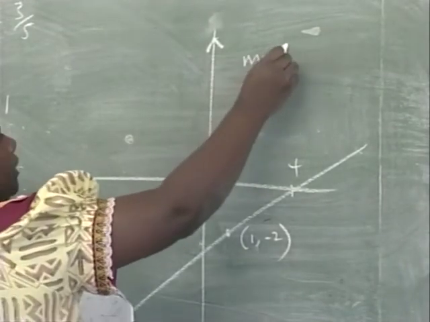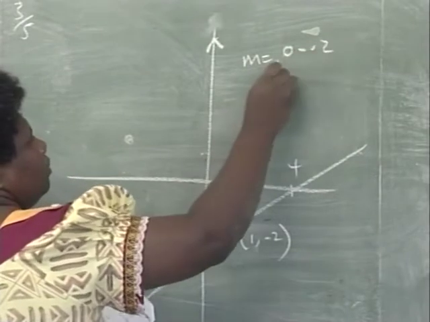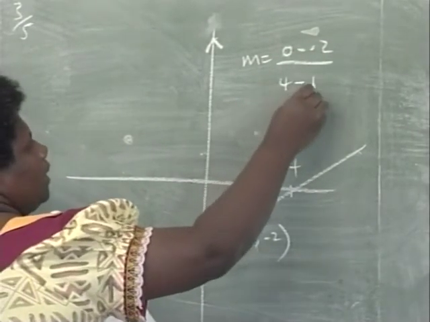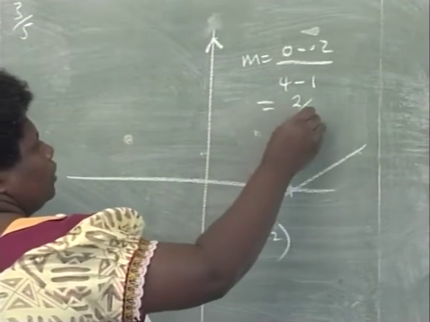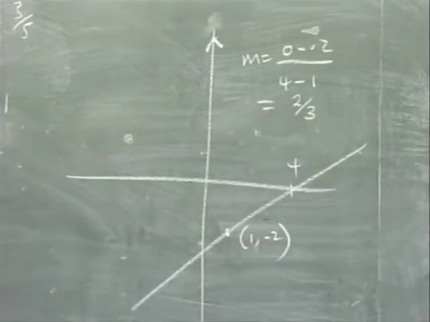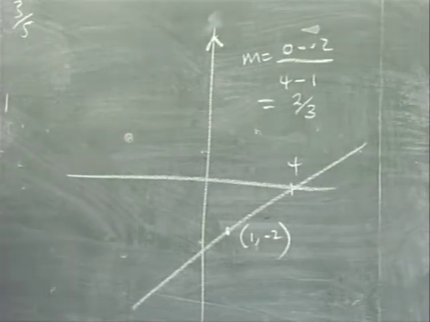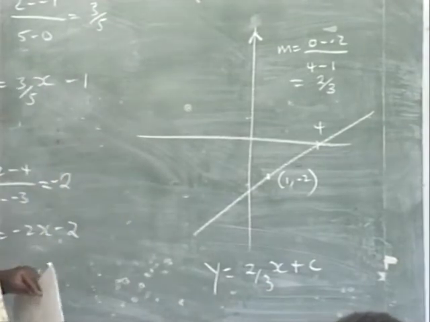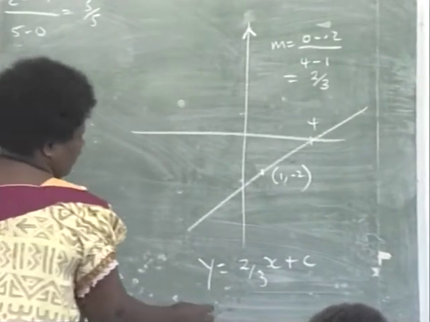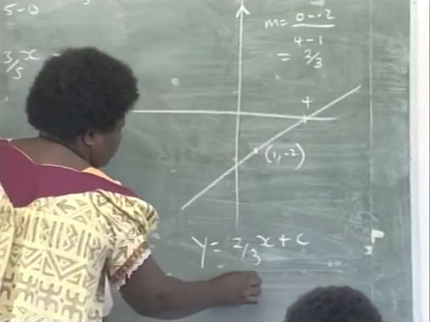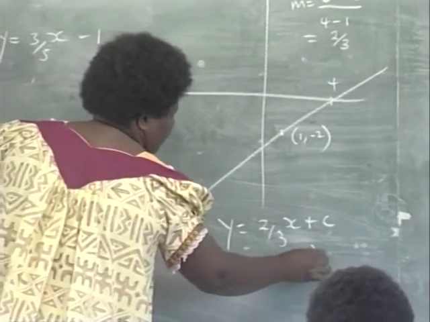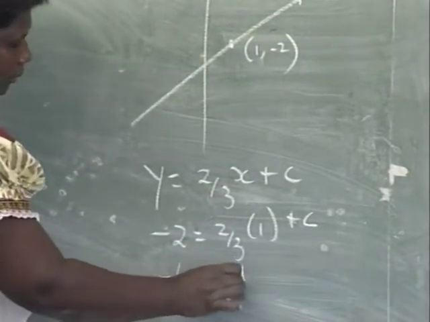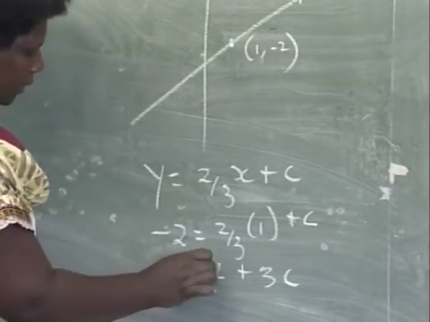The gradient will be equal to 0 minus negative 2 over 4 minus 1, which is 2 on 3. Okay, the gradient is 2 on 3. y equals 2 on 3 x plus c. So I get minus 2 equals 2 on 3 times 1 plus c, which is negative 6 equals 2 plus 3c.